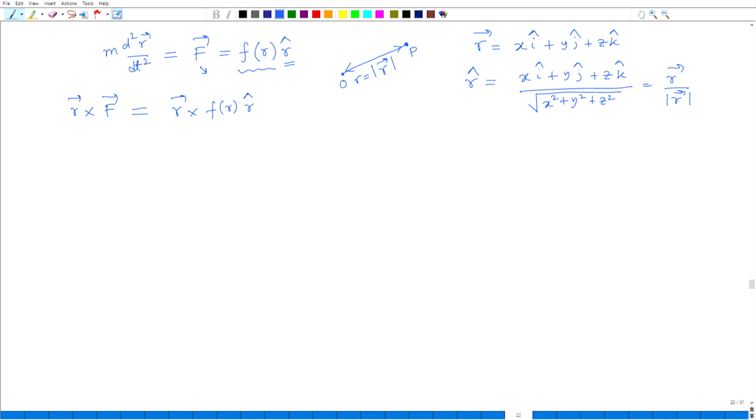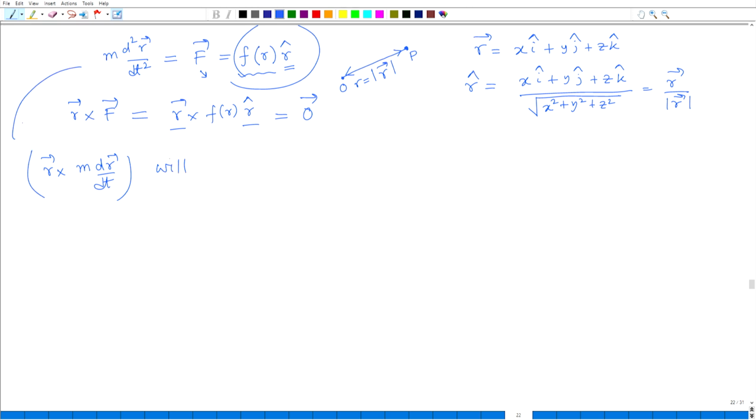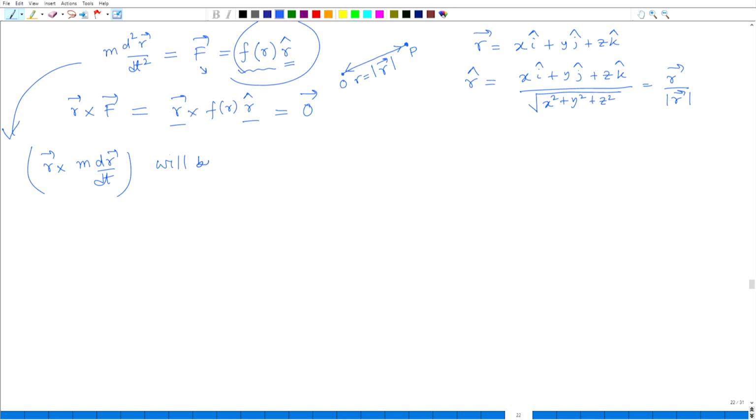Of course, they are parallel, and that is why it will be equal to 0, a null vector. And so, when your force is of this nature, you know that for your system r cross m dr/dt will be a constant of motion.